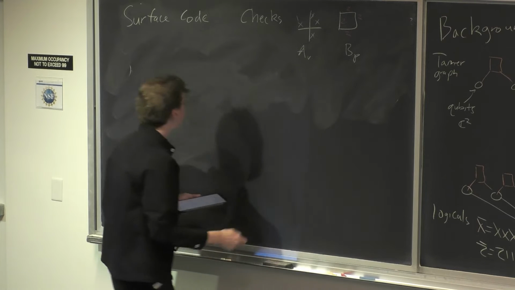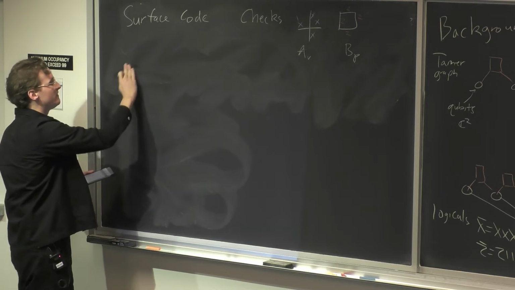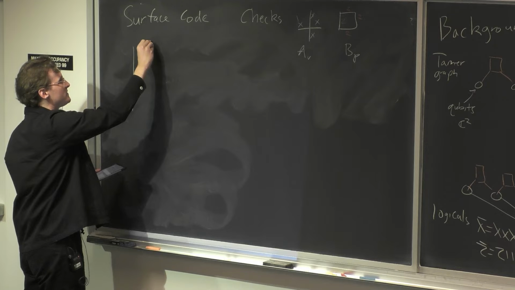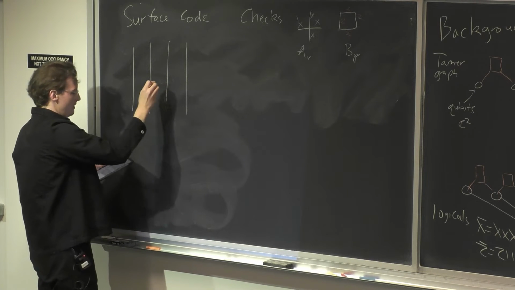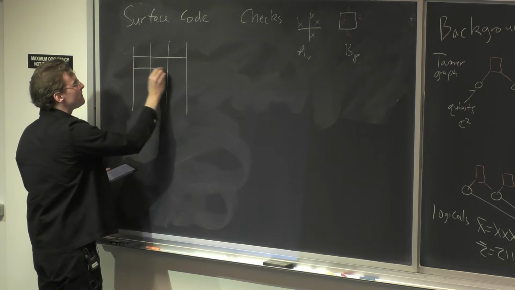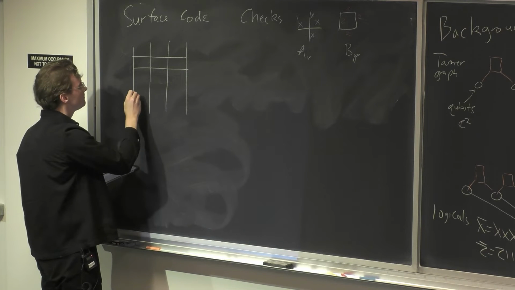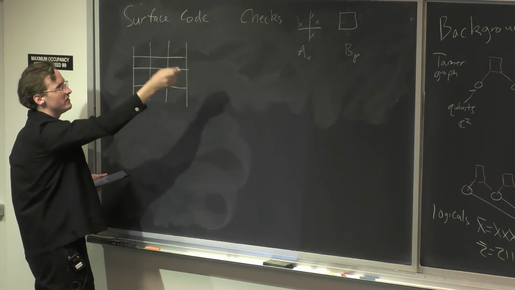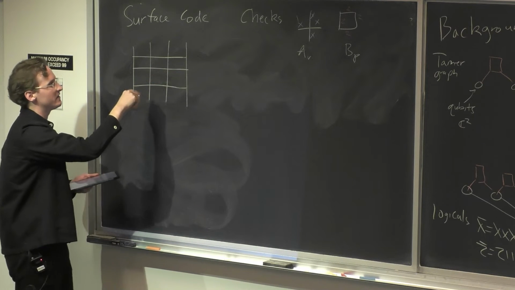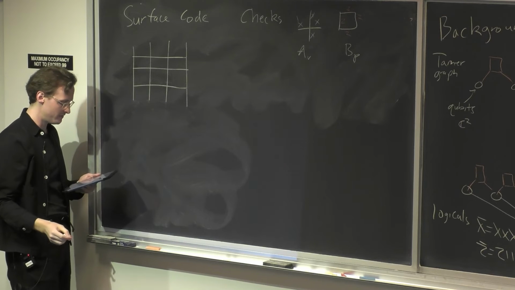And then we build a grid with open boundary conditions. This is the kind of boundary conditions I'm going to use. So I have those checks on all the vertices and plaquettes, including these boundary ones, some truncated version.